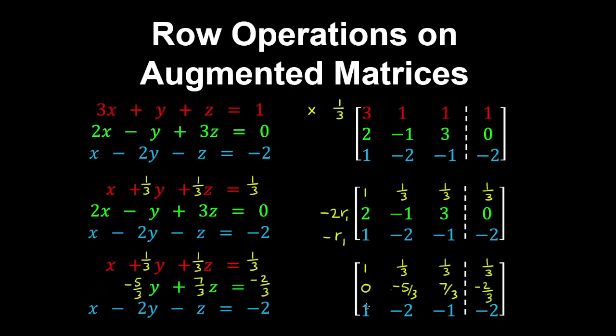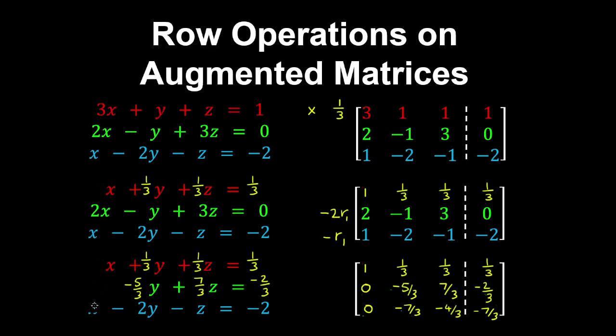Now for the third equation, we get 1 minus 1, which is 0, minus 6/3 minus a third is minus 7/3, and minus 3/3 minus a third is minus 4/3, and minus 6/3 minus a third is minus 7/3.